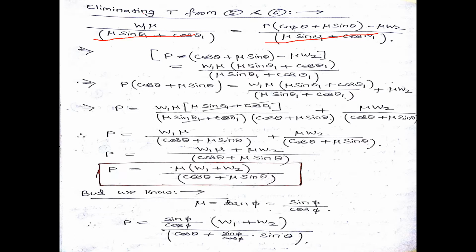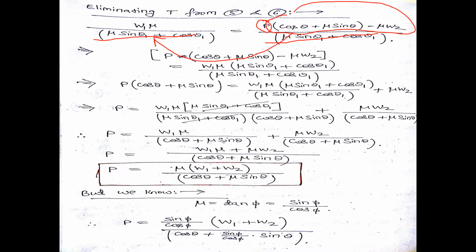Okay, if you eliminate, finally your equation is W1 times mu is equal to P times (cos theta plus mu sin theta) minus mu times W2. So what you do, you keep P this side and bring these particular terms this side.